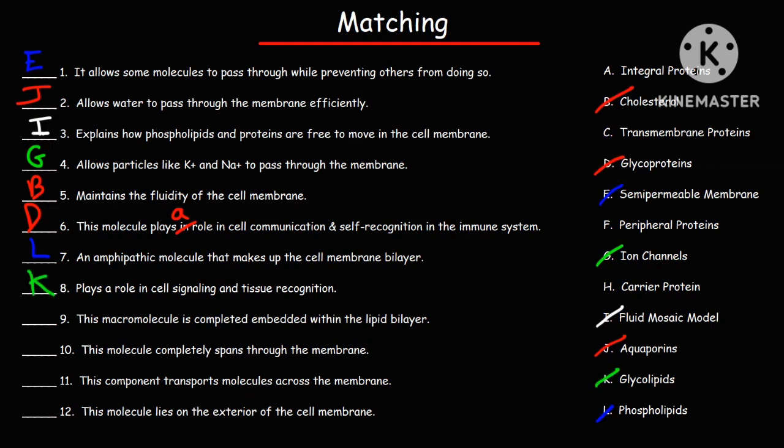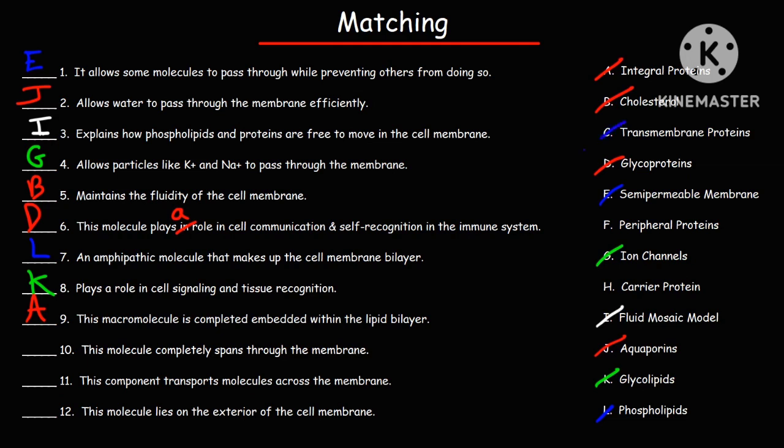And number 9, this macromolecule is completely embedded within the lipid bilayer. So this is going to be the integral proteins. They're completely integrated in the lipid bilayer. Number 10, this molecule completely spans through the membrane.